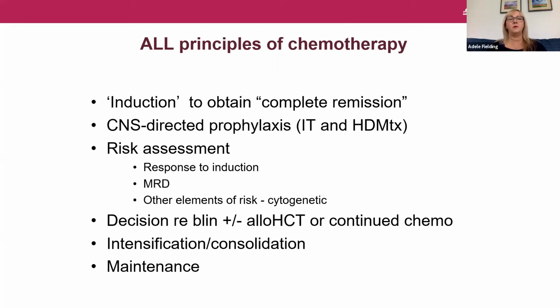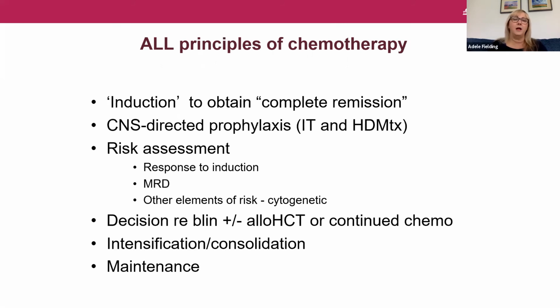So if you present with a very high white cell count, which wouldn't be a good thing, but you nonetheless have a great response to treatment and you end up MRD negative, that probably overcomes that risk. But if you've got high risk cytogenetics and you become MRD negative, that might not completely overcome that element of risk.